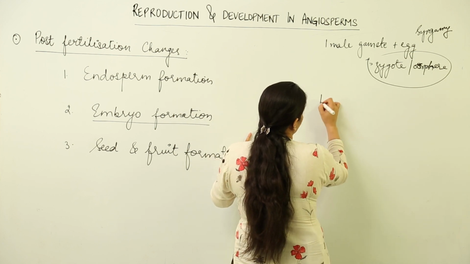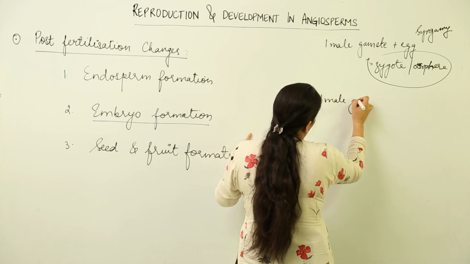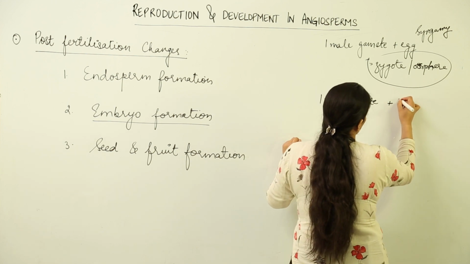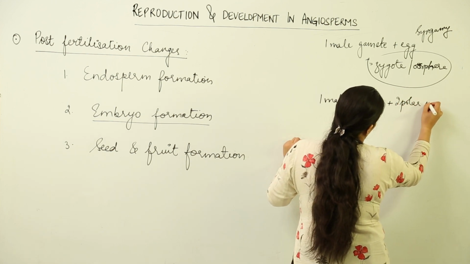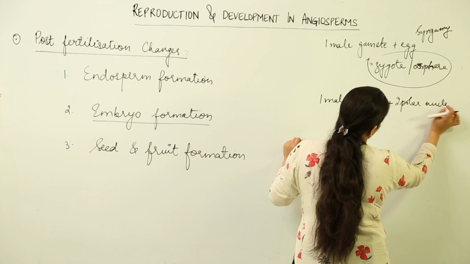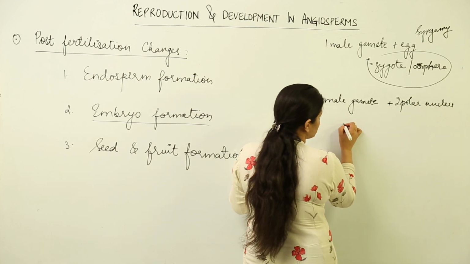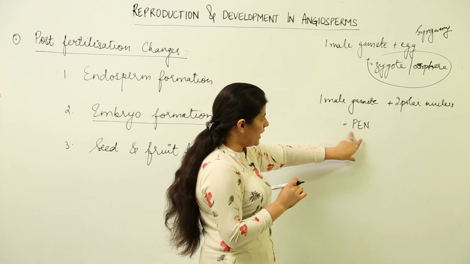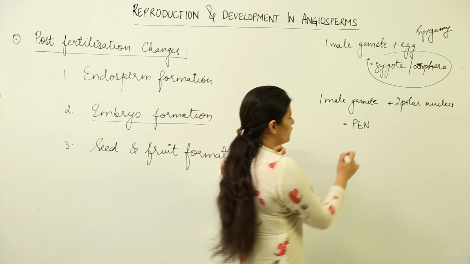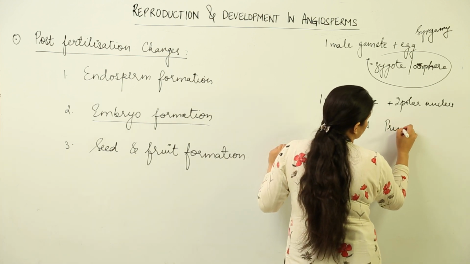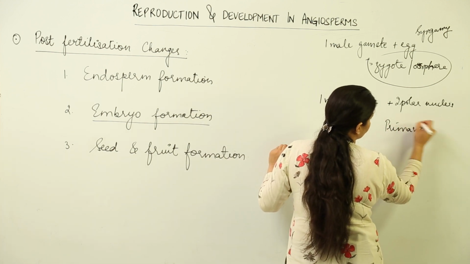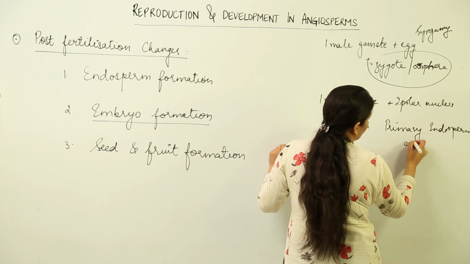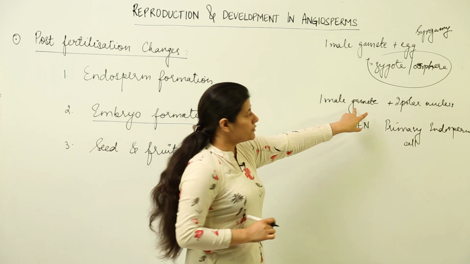Second is the other male gamete goes and combines in triple fusion with the 2 polar nuclei, and it forms primary endosperm nucleus, otherwise known as primary PEN, within the primary endosperm cell. Okay, and this is triple fusion.